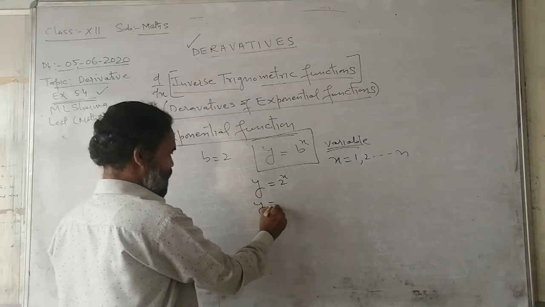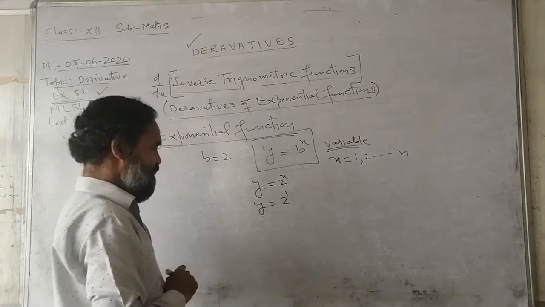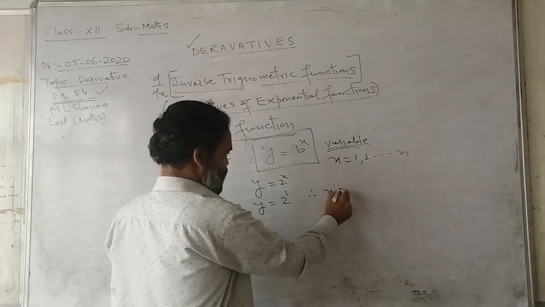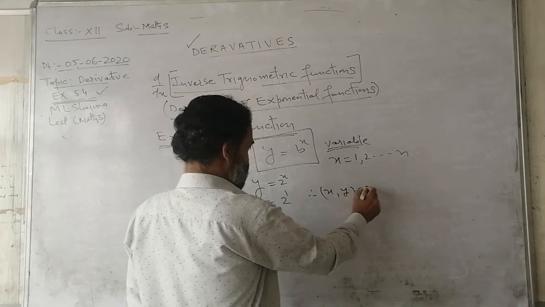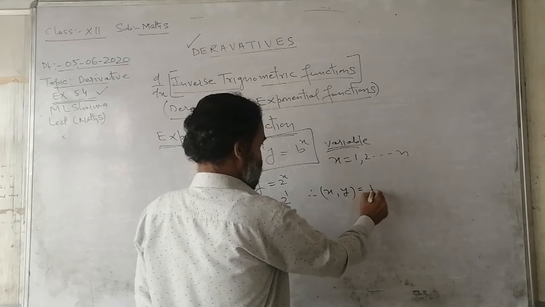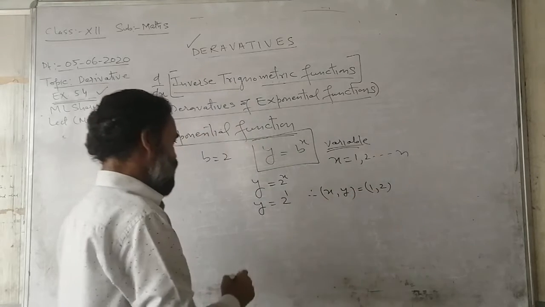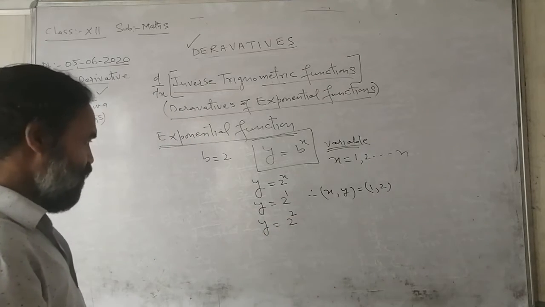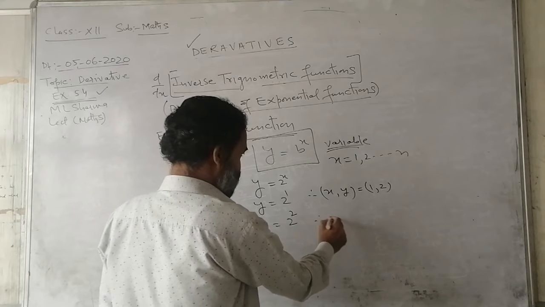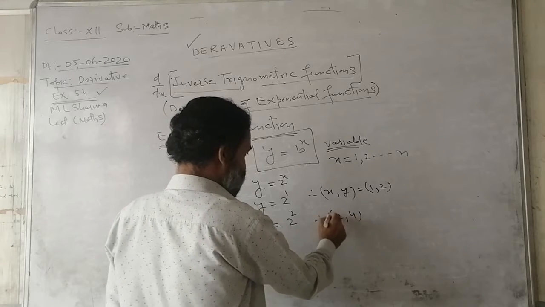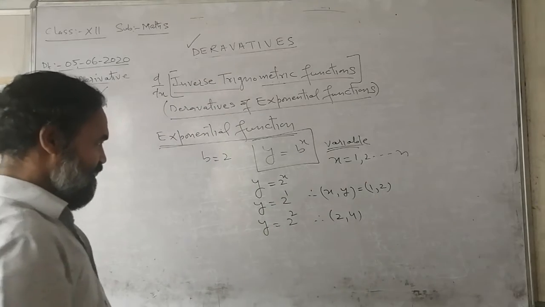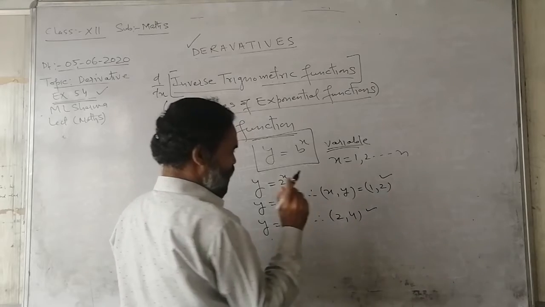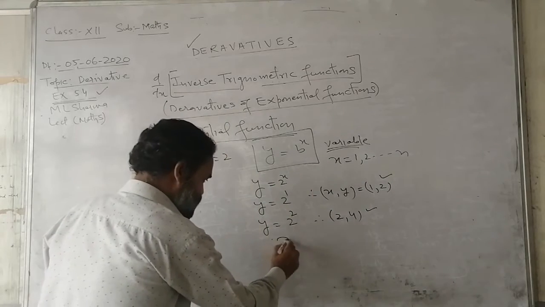If I put x as 1, my point will be (1, 2), and if I put x as 2, the point will be (2, 4). If I plot these points, the plot will be an increasing function.